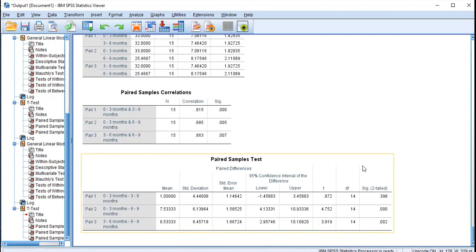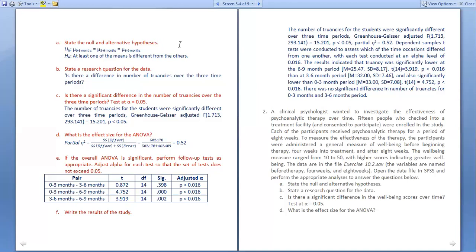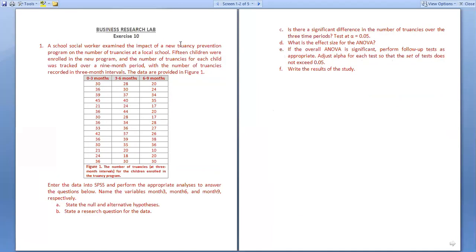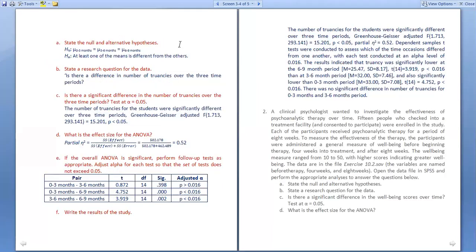Now we are moving to the last part, where we'll be answering the question. So the question is before you. Now coming to the answer, the hypotheses have been stated, the null and alternate.